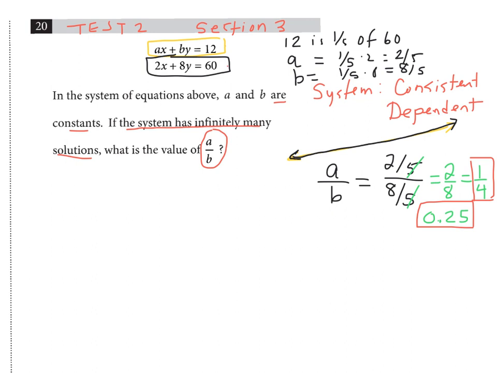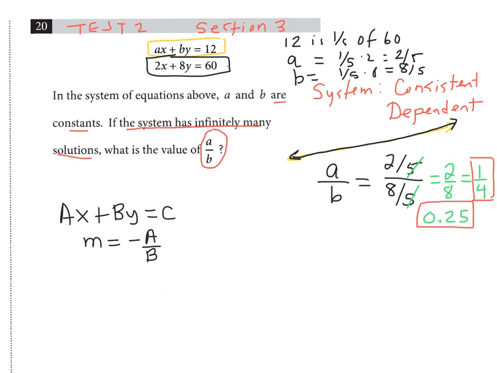Okay, so this is the final problem in this section, and as an added bonus, I want to give you a formula for finding the slope of any linear equation that is in this form: ax plus by equal to c. Then the slope m is always going to be negative a over b.